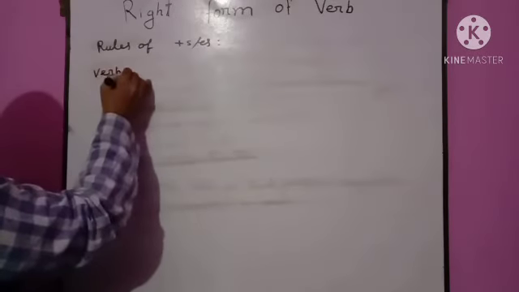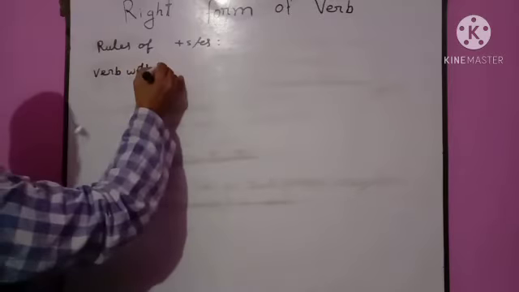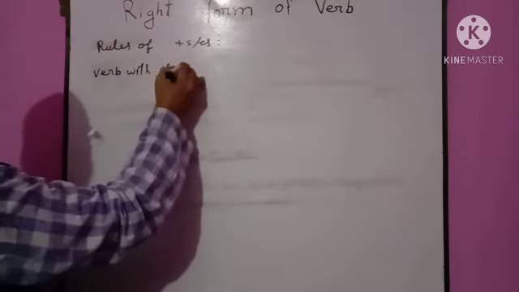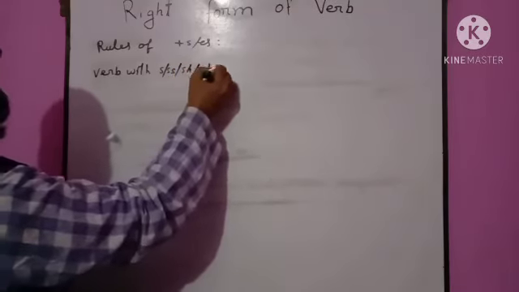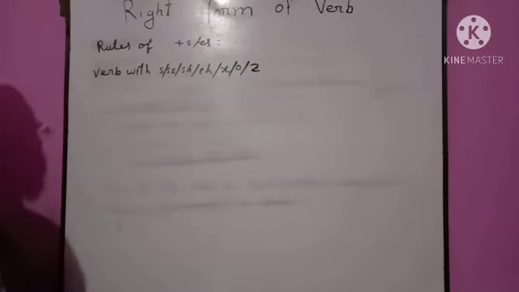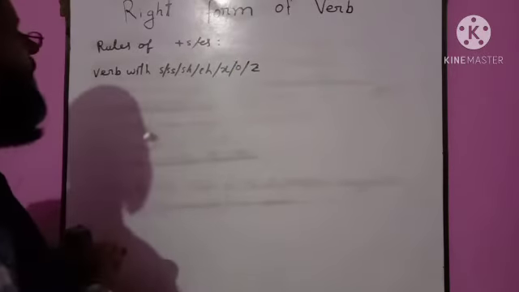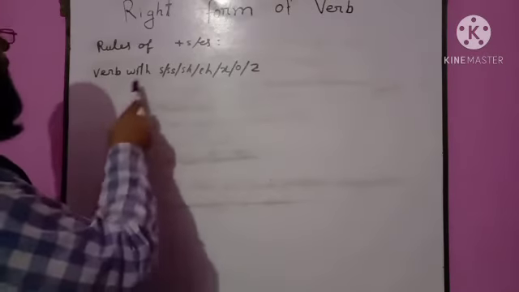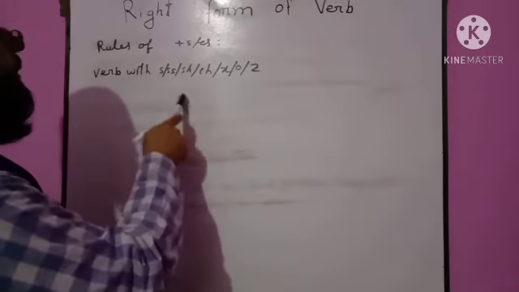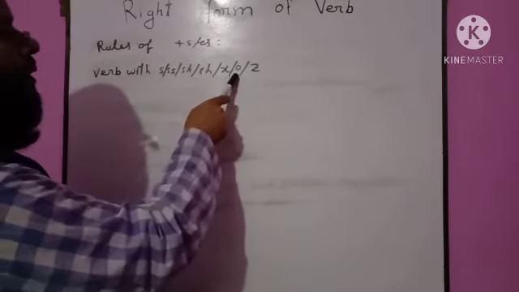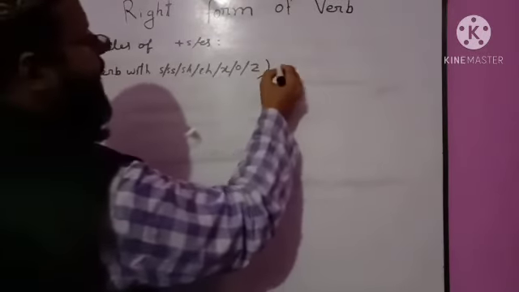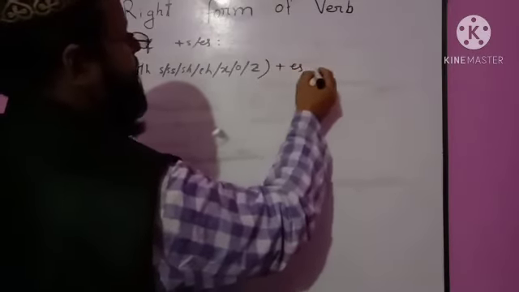Verb with s, sh, ch, x, o and z. When the last letter or letters of a verb is s or ss or sh or ch or x or o or z, then we shall add es with this verb.